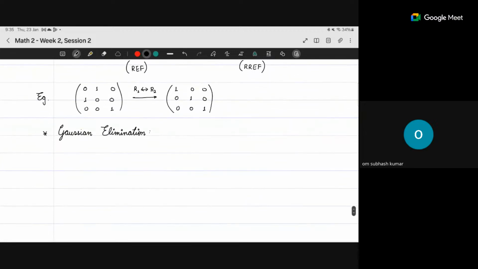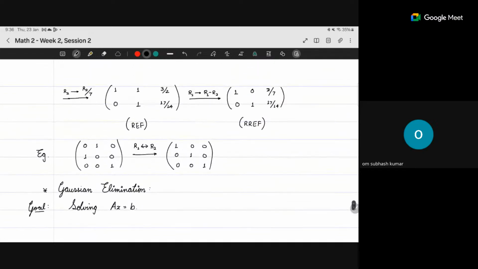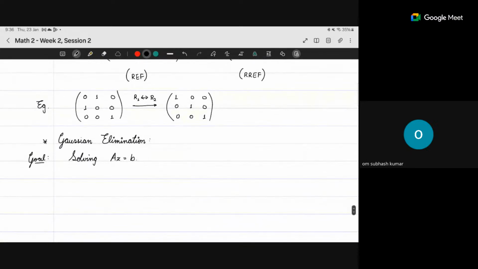So Gaussian elimination is solving AX equal to B. This is the goal. This has been our goal for 2 weeks now. So finally, we will get the most general method to do that. In the last session, we have seen that in case A is a square matrix and it is invertible, we have certain methods.